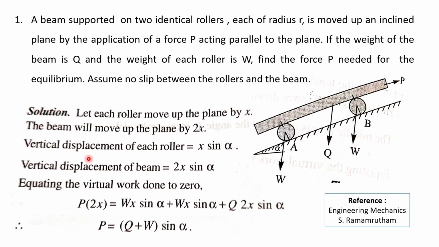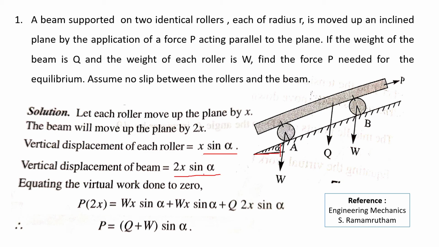So the vertical displacement of each roller, we can easily find out with respect to this right angle triangle. This angle with the horizontal is alpha, so it will be x sine alpha. Similarly, the vertical displacement of the beam is 2x sine alpha.